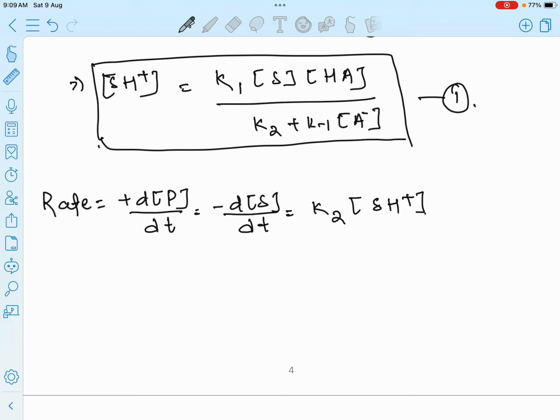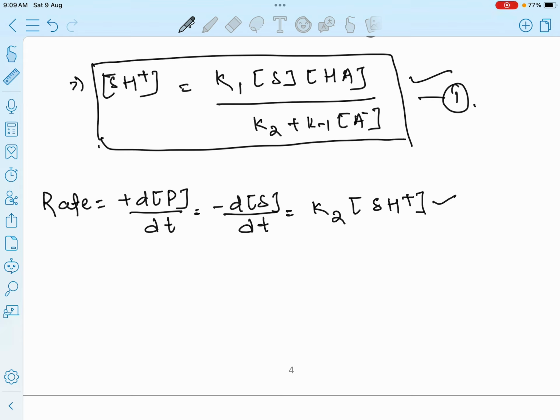But SH plus is a very high energy species whose concentration cannot be calculated or monitored in the course of the reaction. Therefore, the concentration of SH plus is written in such a manner that we can calculate the amount.